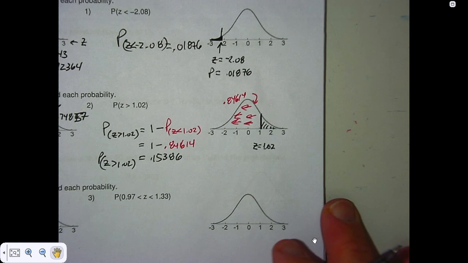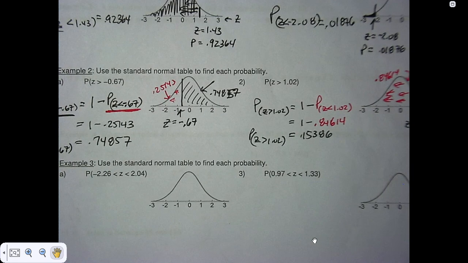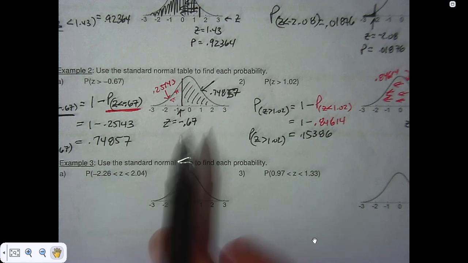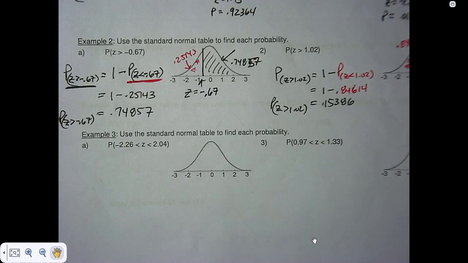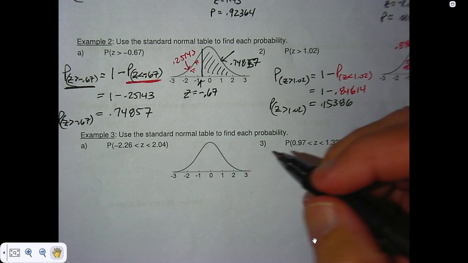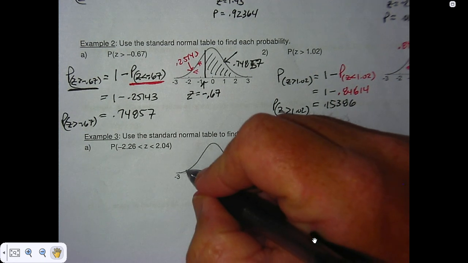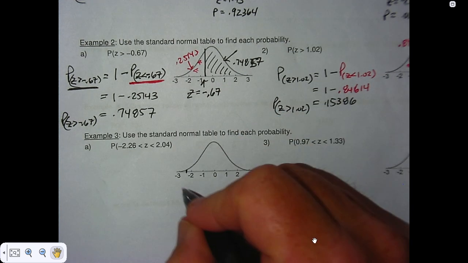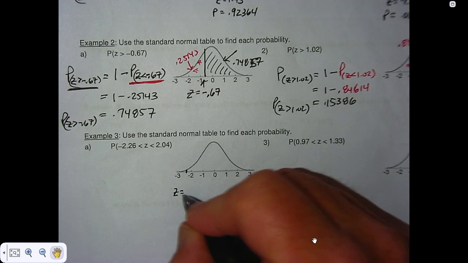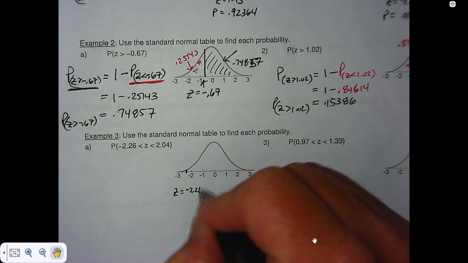The third type of problem is now you're going to be finding the area in between two values. Where we want the z-score in between negative 2.26 and 2.04. So negative 2.26 is right here. That's a z-score of negative 2.26.